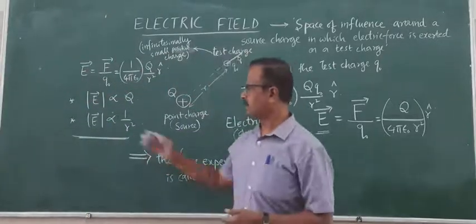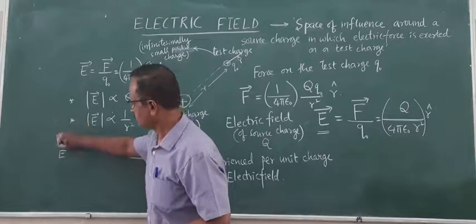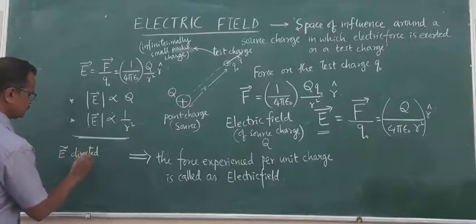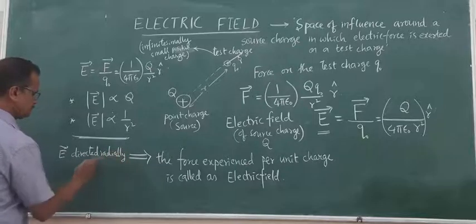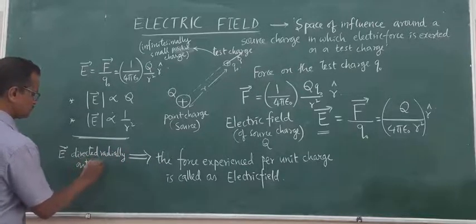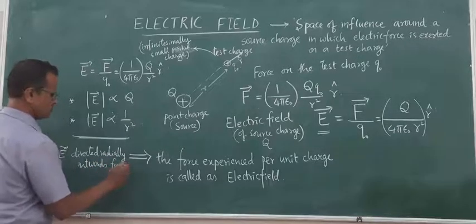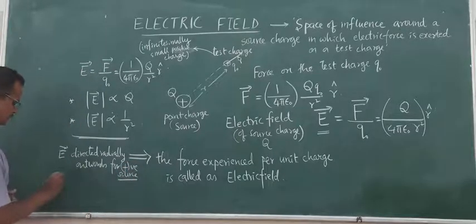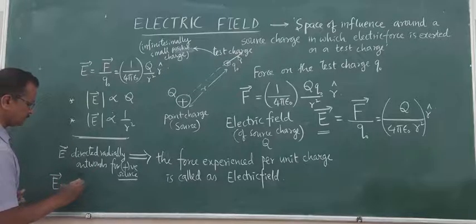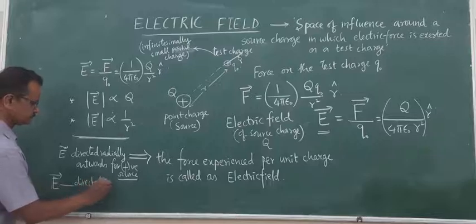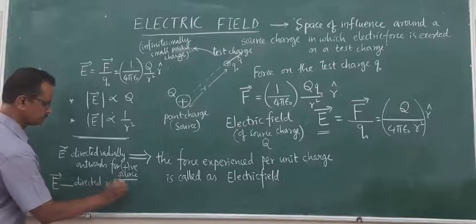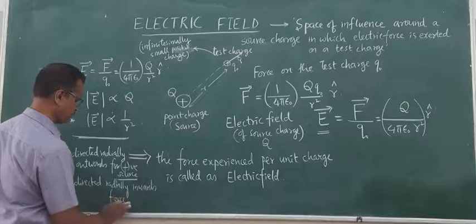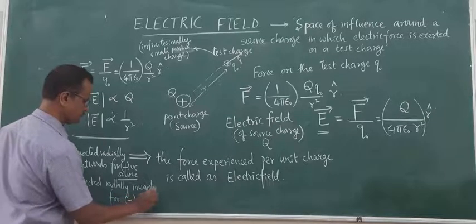So we conclude that the electric field is directed radially outwards for a positive source charge, and radially inwards for a negative source charge.